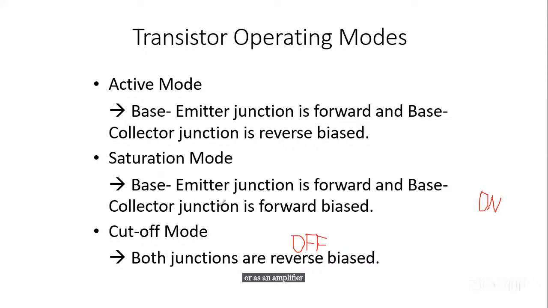When it is used as a switch, it implies that you are going to set up your transistor in saturation and cutoff mode. When it's at the saturation mode, the switch is on. When it's at the cutoff mode, the switch is off.